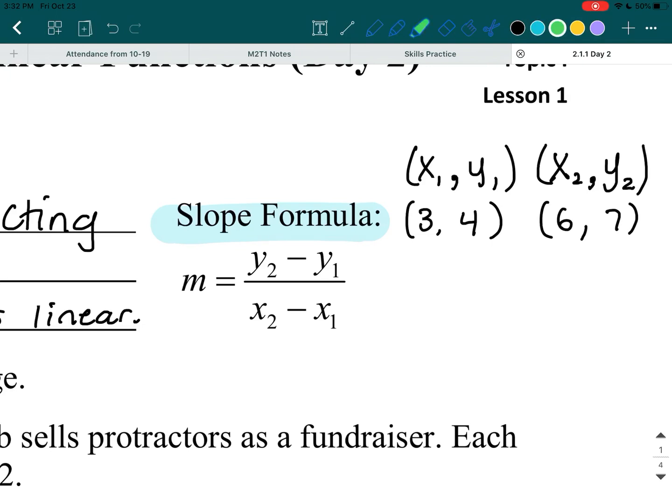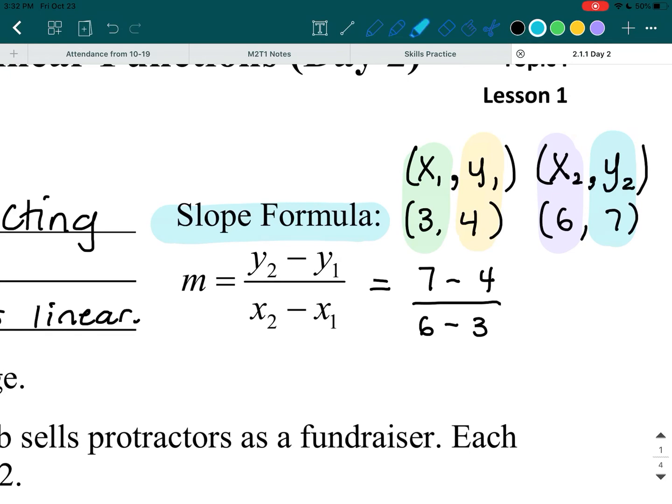Our x1 would be 3, our y1 would be 4, our x2 would be 6, and our y2 would be 7. So when you're plugging it into the formula, we have y2, it's 7 minus y1, which is 4, divided by x2, which is 6, minus x1, which is 3.